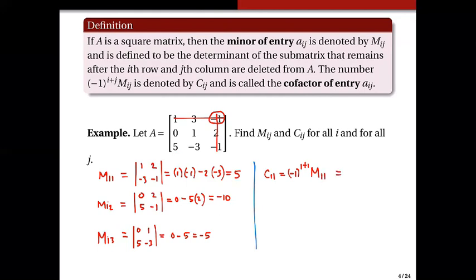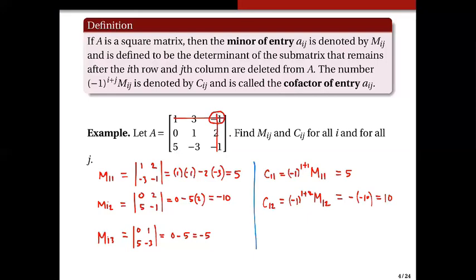So C11 is also equal to 5. For C12, we will have negative 1 raised to 1 plus 2 times M12. But negative 1 raised to 1 plus 2 is also negative 1. So we will get negative 1 times M12, which is negative 10. So this is equal to positive 10.